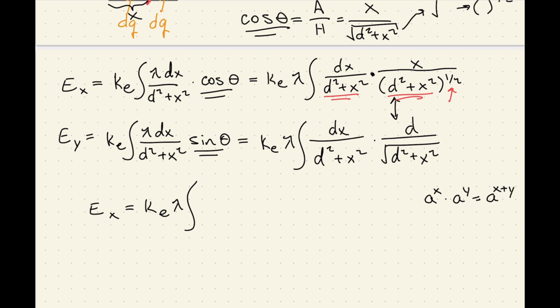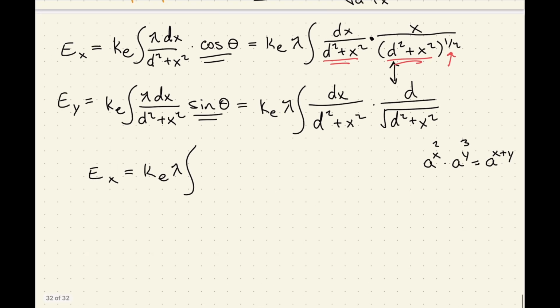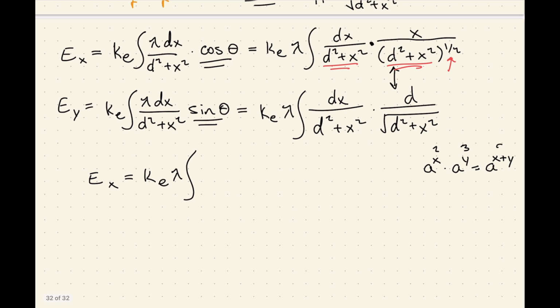So if x and y are like 2 and 3, then this will be a to the power of 2 plus 3, which is, what is 2 plus 3, guys? 5. And you can double check this. a squared is a times a, and you multiply by a cubed, which is a times a times a. This will give you 1, 2, 3, 4, 5 a's, a to the 5th power.